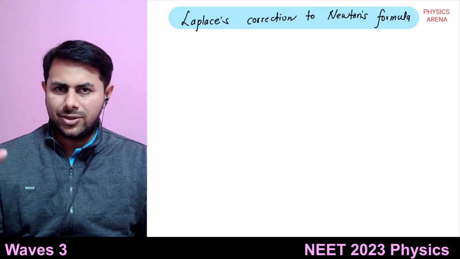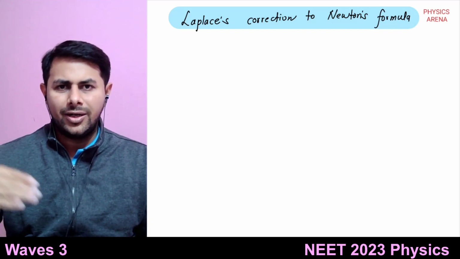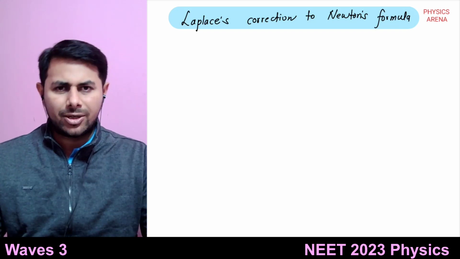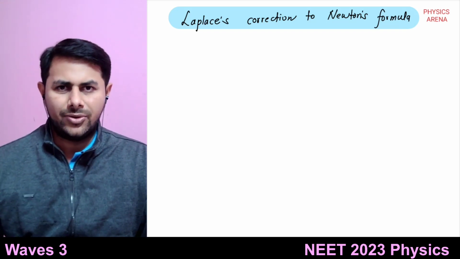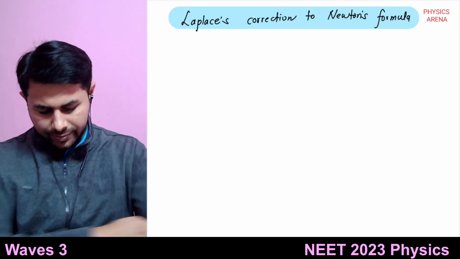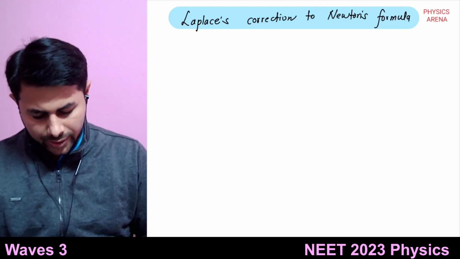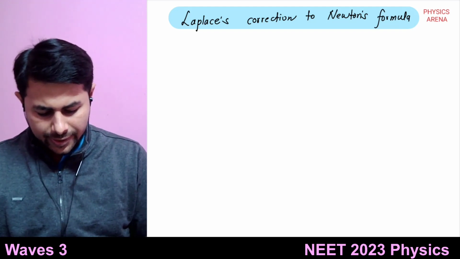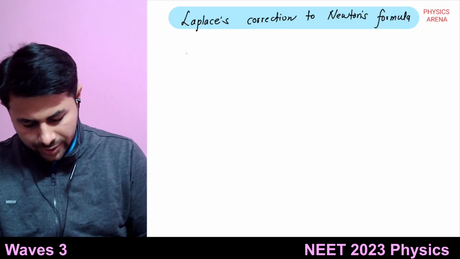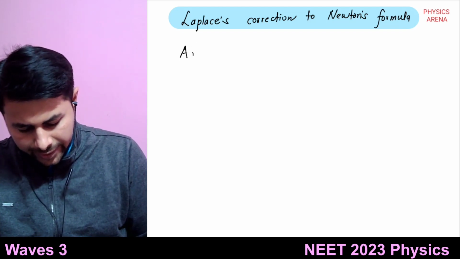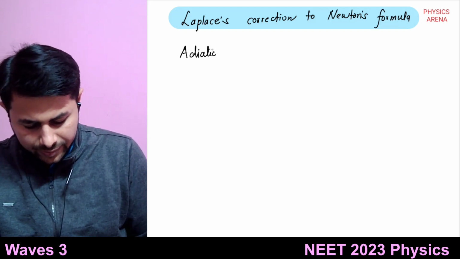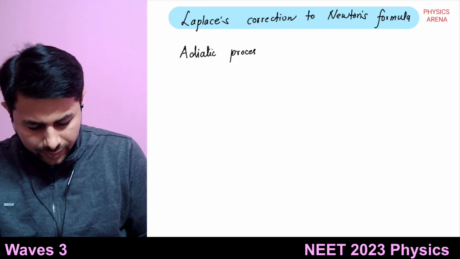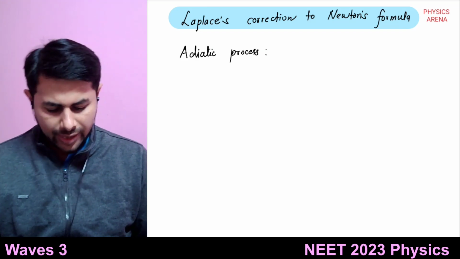There is not enough time for the heat exchange between this part of the medium and the surroundings. So according to Laplace, heat is not exchanged, so this process is an adiabatic process. Why?